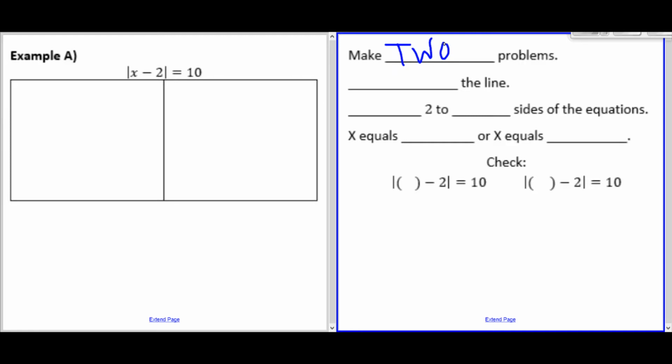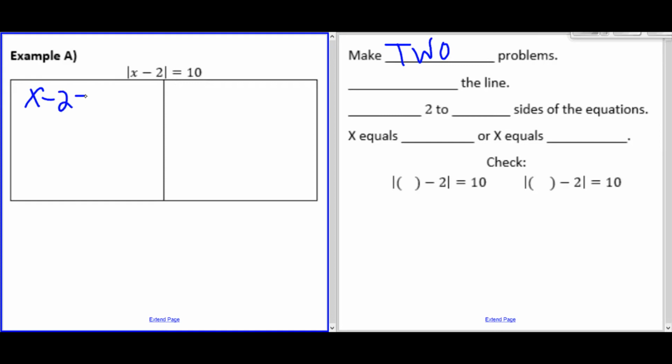My equation is the absolute value of x minus 2 equals 10. The first problem is x minus 2 equals 10. The second problem is x minus 2 equals, this time instead of positive 10, negative 10. So you just change the sign of the number that's not in the absolute value.